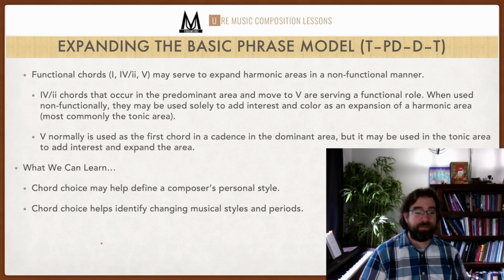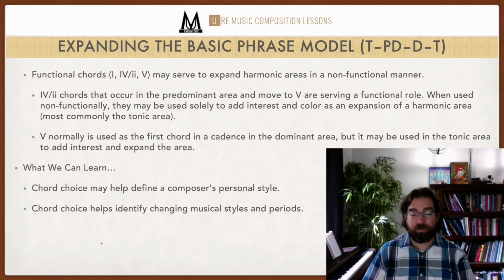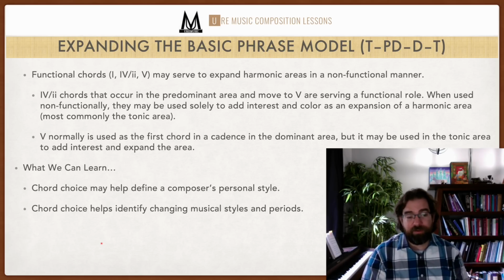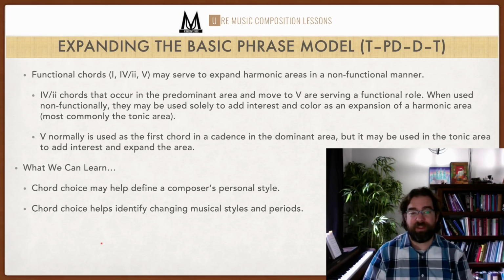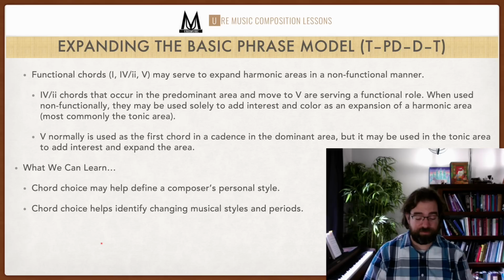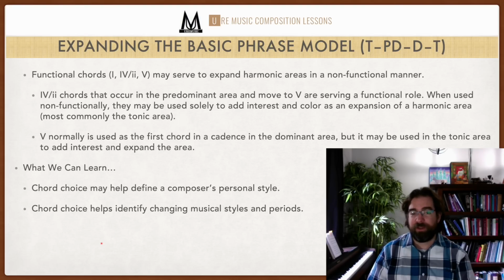So if you know that a classical piece ends with a 5/1 and it's always a strong conclusive 5/1 with 1 in the soprano, 5/1 motion in the bass, then you know that could very well be a classical period piece. If you see a lot of weird chord successions, so you see a 1 chord moving to a 2, moving to a 3, moving to a 4, moving to a 5, that would very rarely happen in the classical period unless it's part of a particular device we'll talk about later.